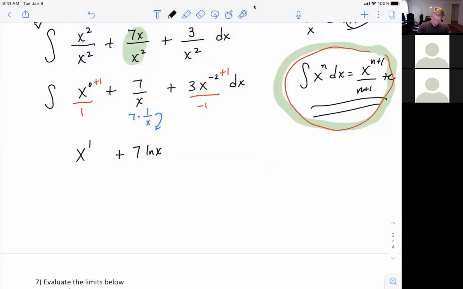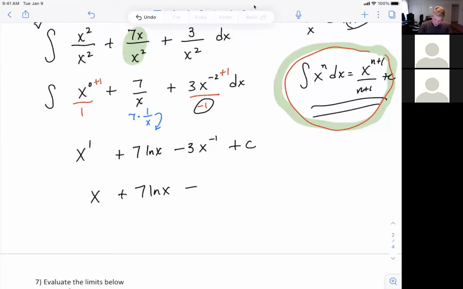So that means it's going to be a -3, and then x, and x exponent is going to be a -1, and then there's the constant that goes at the end. And then the only thing I would do for the final answer is x to the 1 just equals x. And then for this last one, instead of leaving the -1 exponent, I would just rewrite it as 3 over x.